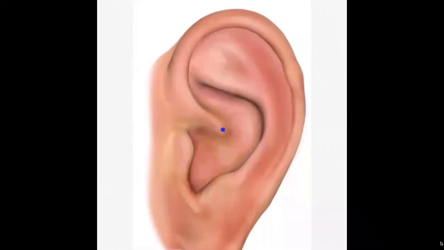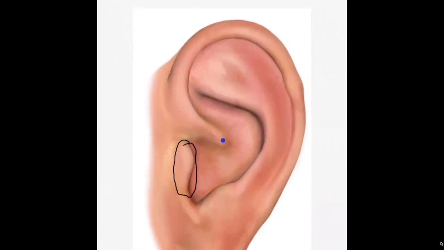In the ear, the most important part of the ear is this. This is called TG or tragus. We have subdivided the tragus in 5 parts.